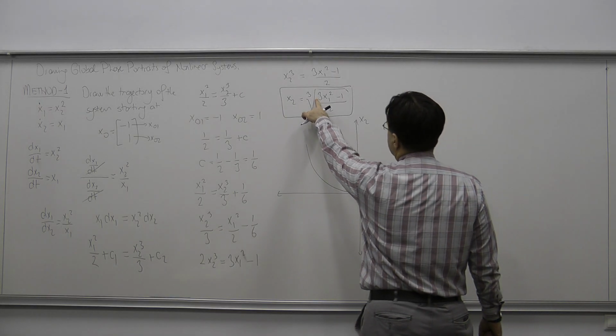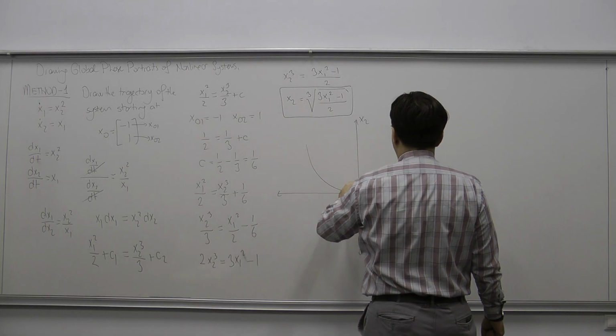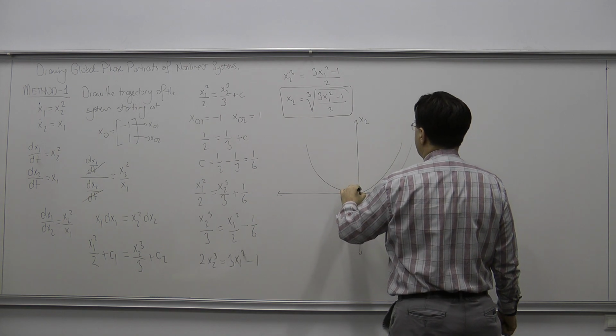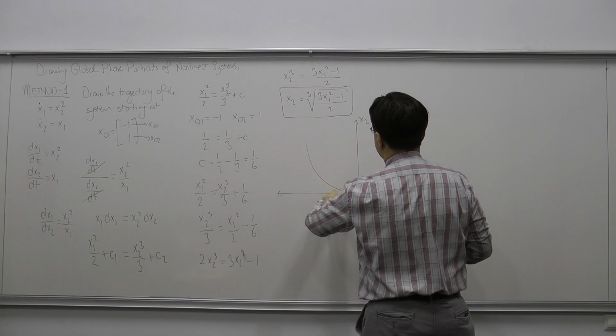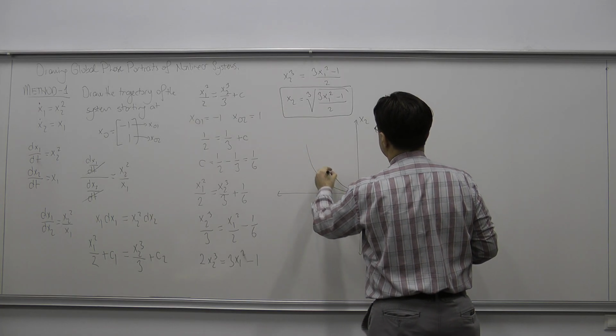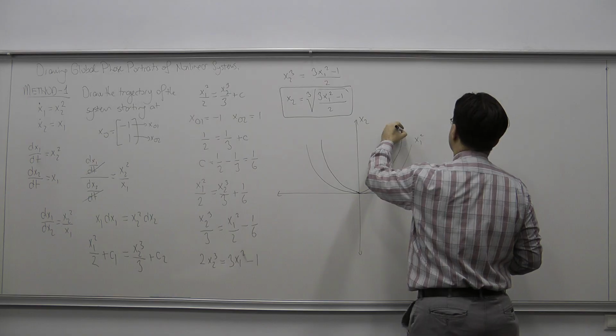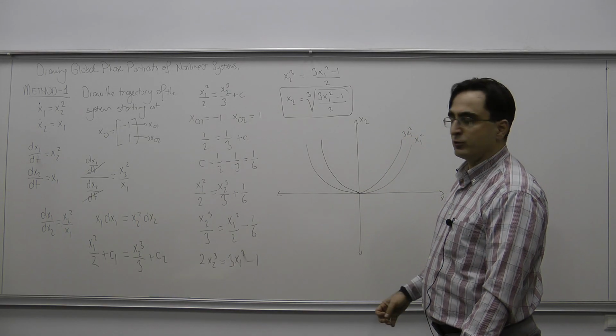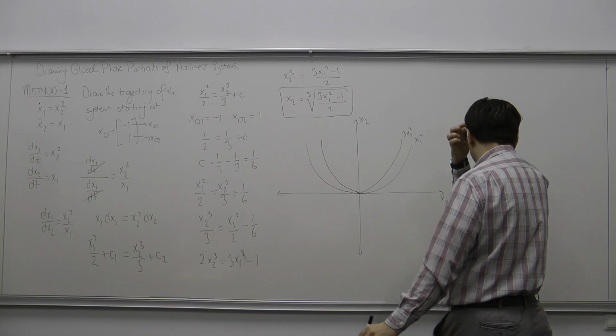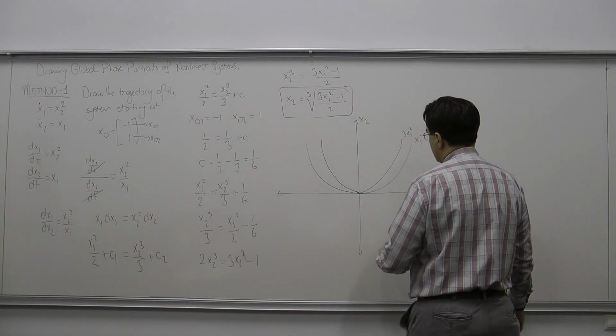I will obtain 3x1 squared. That is going to look something like this. So 3 times this parabola here. It has to be symmetric. So this is 3x1 squared. And then I will subtract 1. I will subtract 1 from 3x1 squared.